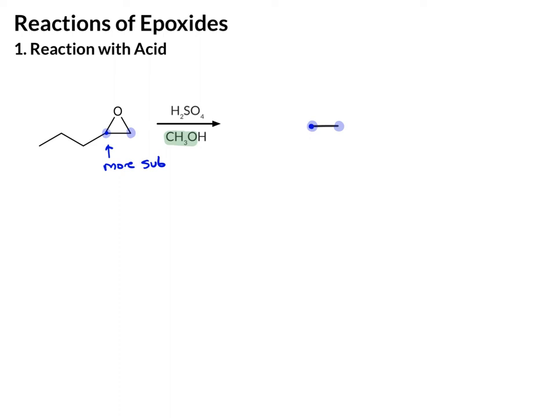And let's draw in the rest of the carbon chain. We have three carbons attached here. Now, when that epoxide gets opened up by the nucleophile, on the right side, we're going to end up with the OH. On the left side, we're going to have our nucleophilic group, which in this case is OCH3.